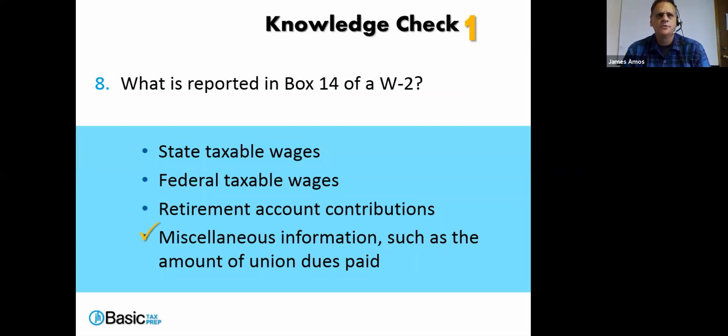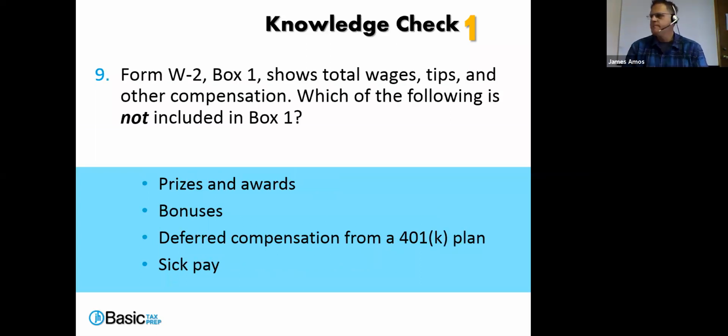When you're going through something and maybe you're not sure of the answer, immediately start eliminating the ones that you know are not the right answer. At least you're increasing your chances of a good guess. So you all knew that the first two absolutely weren't right because they have their own separate box. Okay?